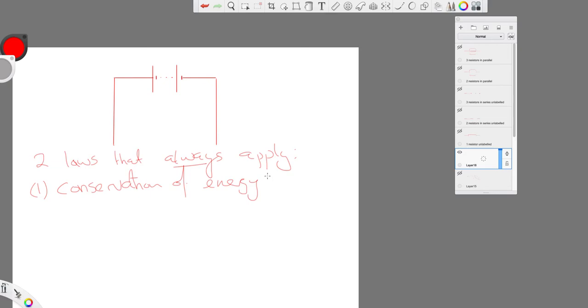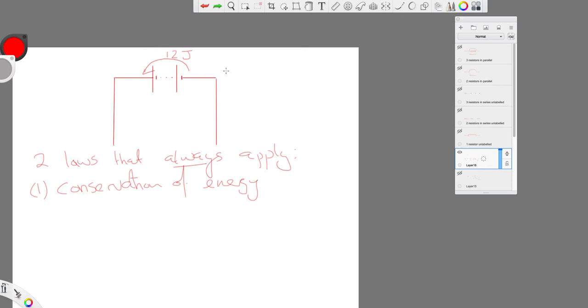So, in terms of a circuit, if 12 joules of work is done in moving my Coulomb from here to here, then 12 joules of work must be done going around the circuit to get back to here.